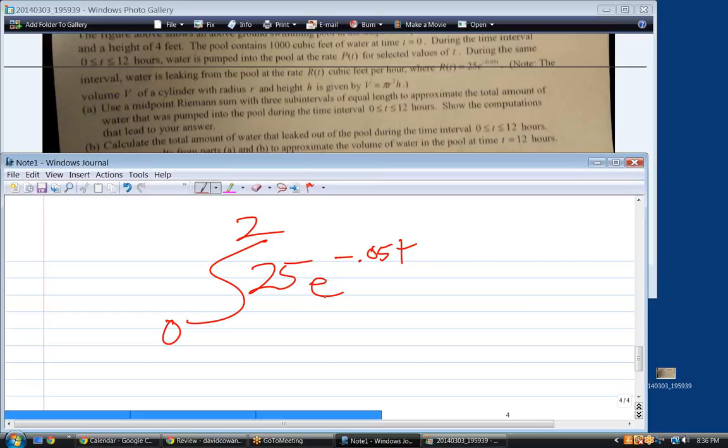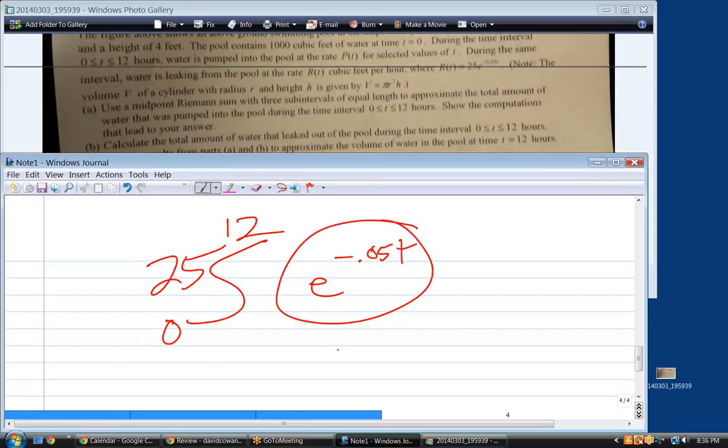Okay. So to find out how much total water leaked out, we're going to integrate that function from 0 to 12, right? Well, that's a pretty easy integral to do. You want to put that into your calculator, or you want to do it by hand? You know how to integrate that by hand? We can take the 25 out.